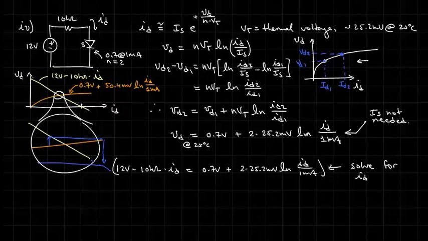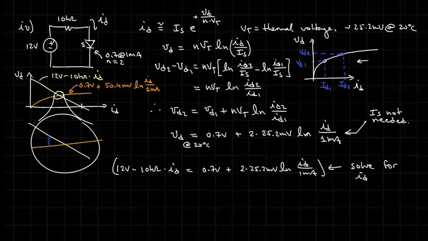And then we keep going around. Notice that this is not converging, but it's diverging. Okay, and that is because we are going from a shallower slope, the diode curve, to a steeper slope, the load line.